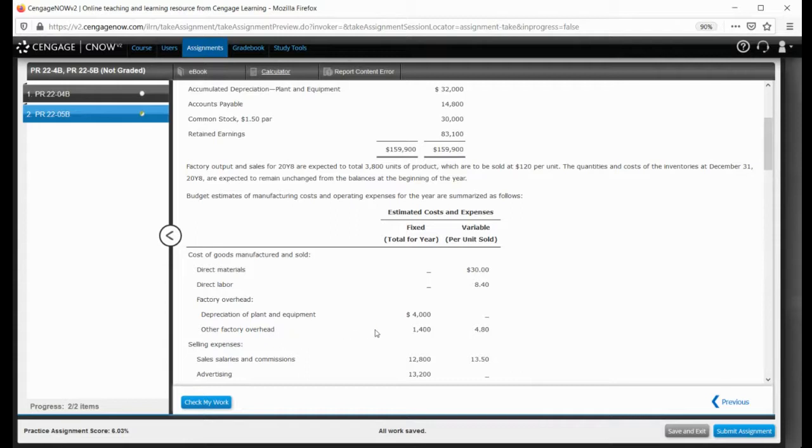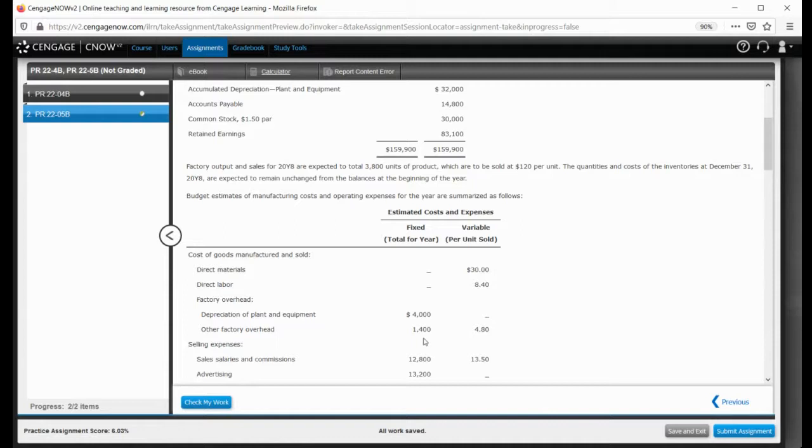Notice your depreciation of plant and equipment is in the fixed column, which means we're not going to have to multiply it by the units sold. We're just going to take the amount of the fixed cost, the depreciation for the plant and equipment, and that becomes a part of the factory overhead.